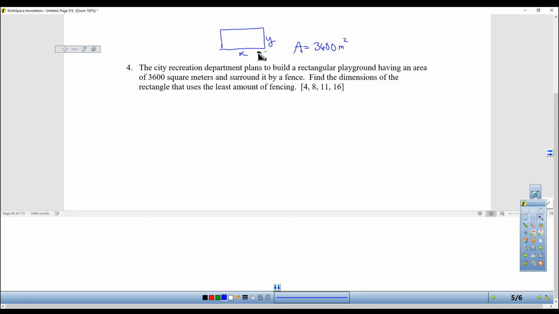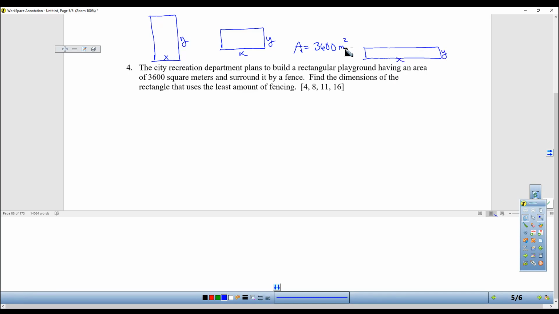So there's a lot of combinations that could give you 3,600. You could make the playground super small and skinny, or you could make it really tall and skinny, or somewhere in the middle. And there's lots of x and y factors that would make 3,600.